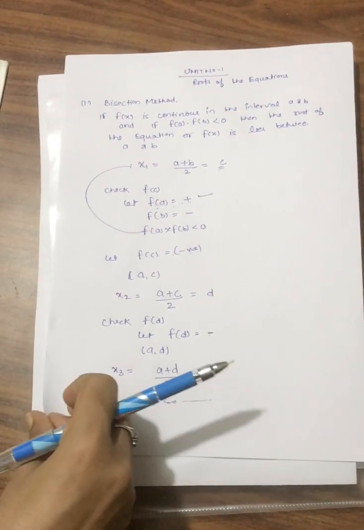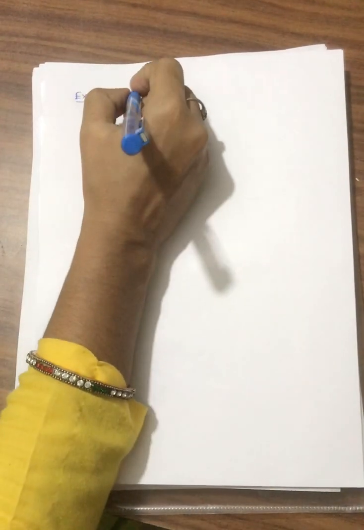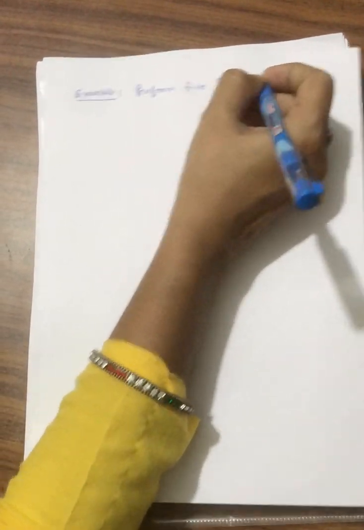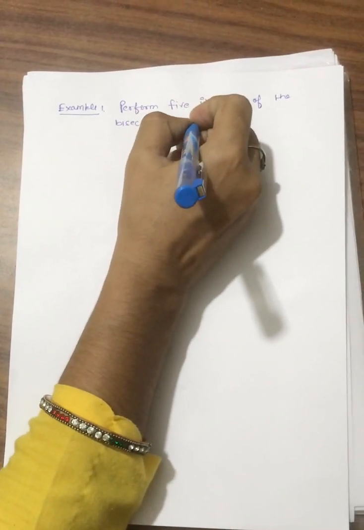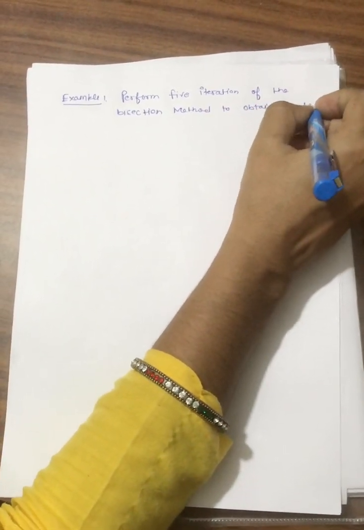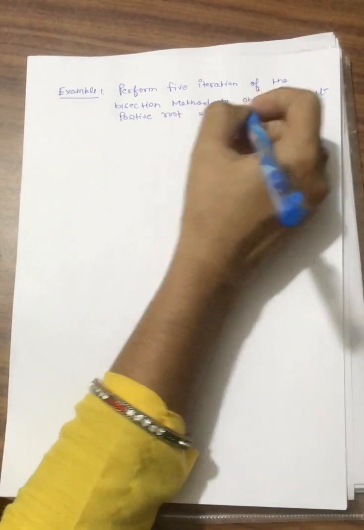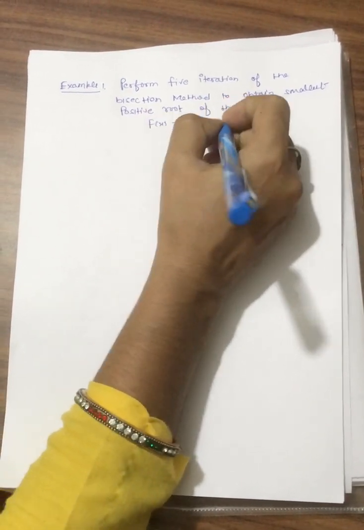Like example 1, right? Perform 5 iterations of the bisection method to obtain the smallest positive root of the equation x cube minus 5x plus 1 equals to 0.